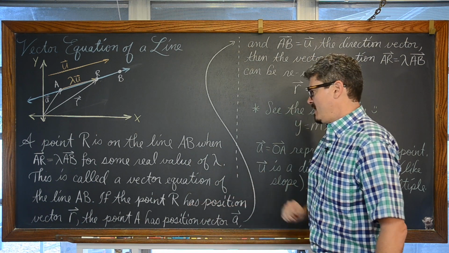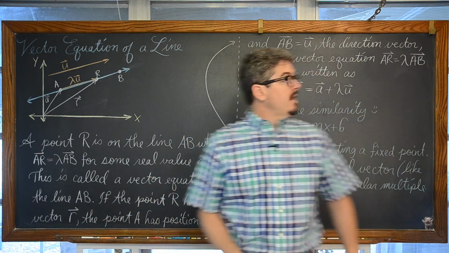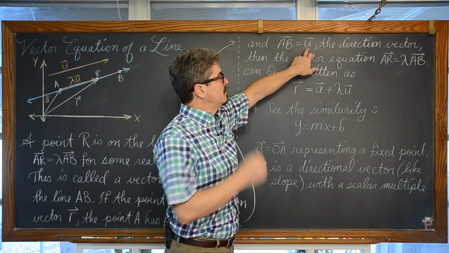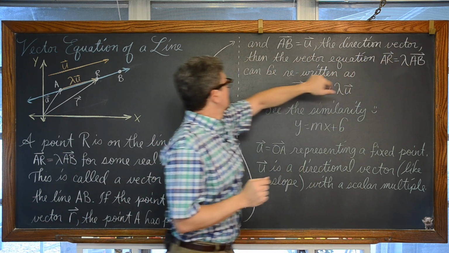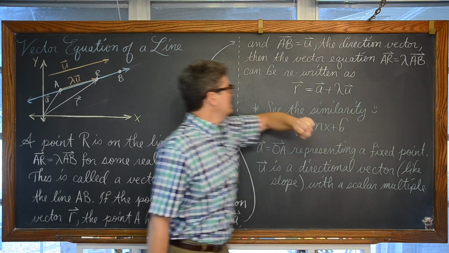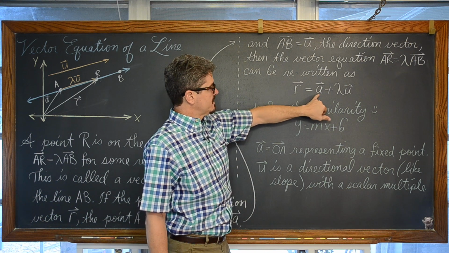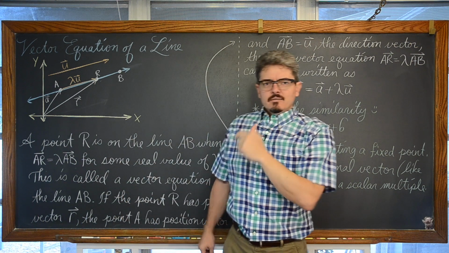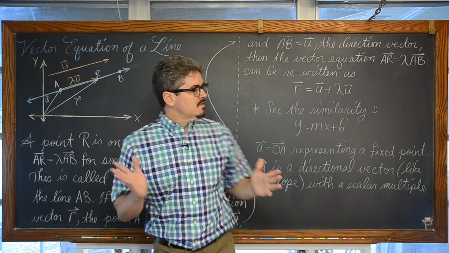If the point R has a position vector R, the point A has a position vector A, and vector AB is equal to vector U, the direction vector, then the vector equation, vector AR equals lambda times vector AB, can be written as vector R is equal to vector A plus lambda times vector U. I never remember saying the word vector so much when we talked about equations of lines in algebra. So where is the connection?